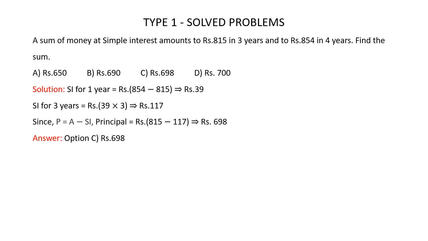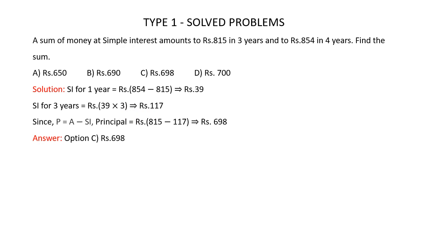So simple interest for 1 year is equal to rupees 854 minus rupees 815, which is rupees 39. So if simple interest for 1 year is rupees 39, then simple interest for 3 years would be 39 multiplied by 3, which is rupees 117.